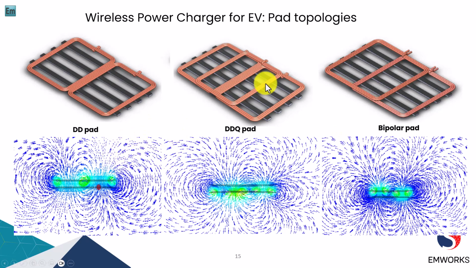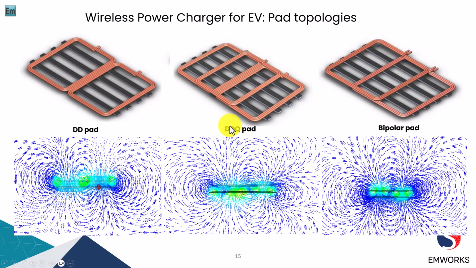DD pad has two sets of D coils facing each other, which increases the coupling coefficient and improves charging efficiency. It also allows for greater tolerance for misalignment between the transmitter and receiver coils.